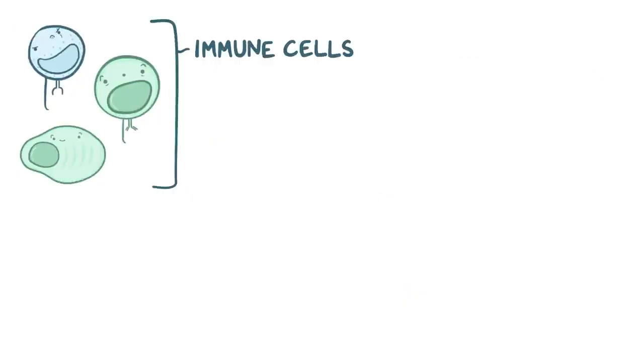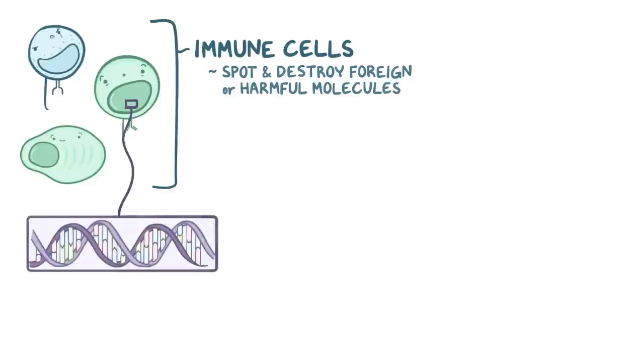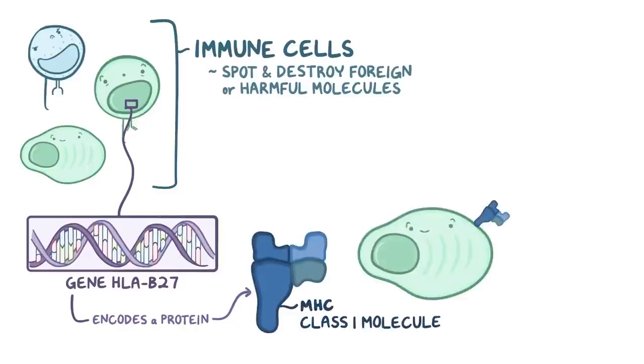Normally, immune cells are ready to spot and destroy anything foreign that could cause the body harm. To help with this, most cells express the gene HLA-B27, which encodes a protein that forms a major histocompatibility complex, or MHC class I molecule that sits on the surface of the cell membrane. This MHC class I molecule acts like a serving platter, presenting molecules from within the cell for the immune system to sample.